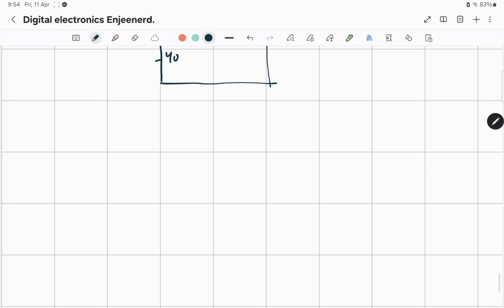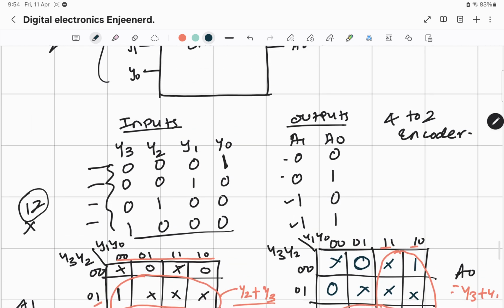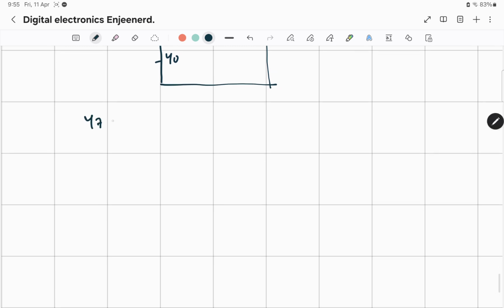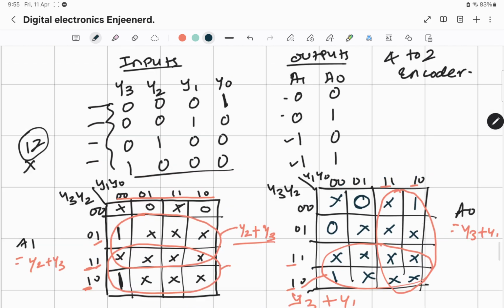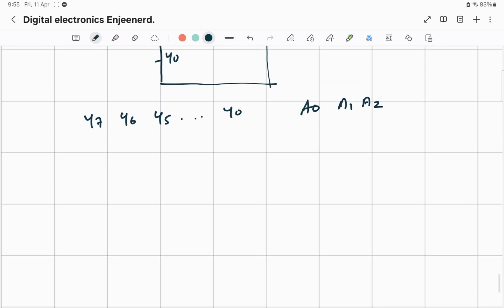So you will make the truth table accordingly, like we did here in this case, y3, y2, y1, y0. Similarly, you will make y7, y6, y5 up to y0, and outputs will be 3, a0, a1 and a2, like we did in this case, right? Just to maintain the sequence, it is a2, a1 and a0.